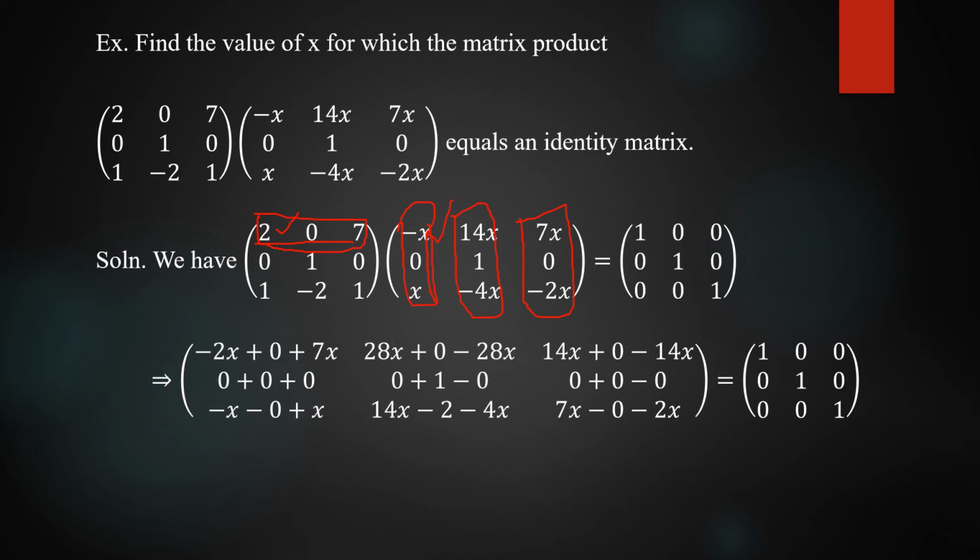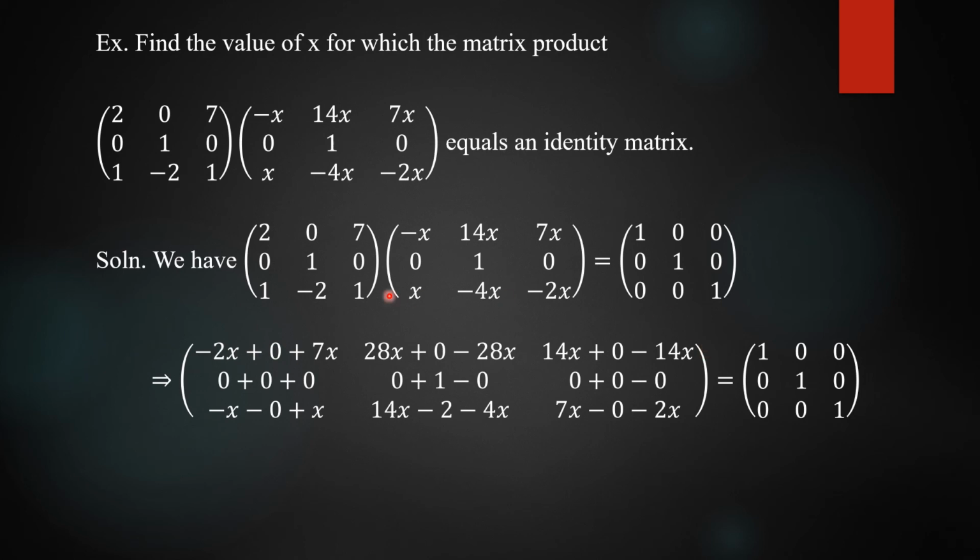So I think you understood the process. Let me erase this. Again, whenever you want to multiply two matrices, the first row should be multiplied in the first column, then the second column, then the third column, and write those numbers in the first row.